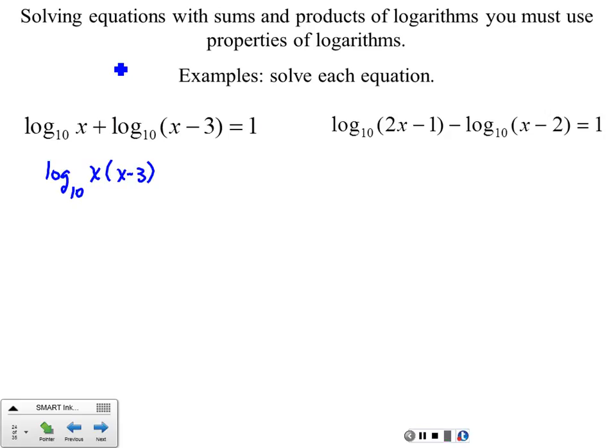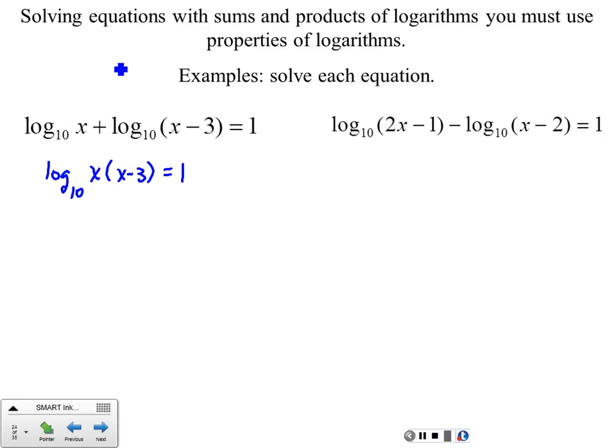So you consolidate the log into 1 log, so you have log base 10, and then you make a product of your arguments. You're just going to multiply your arguments. Now, if you want to go ahead and use the distributive property, you can. And then this is going to be equal to 1.